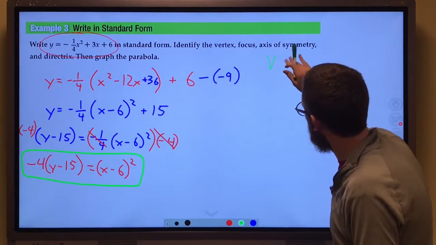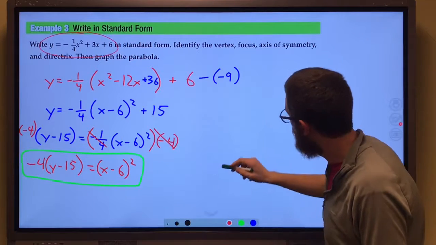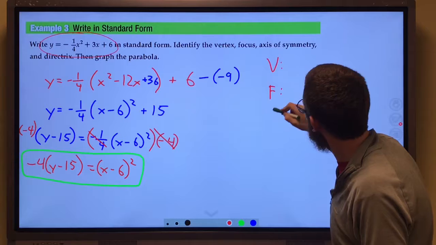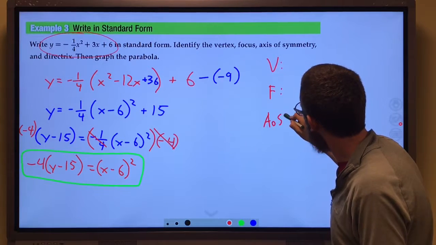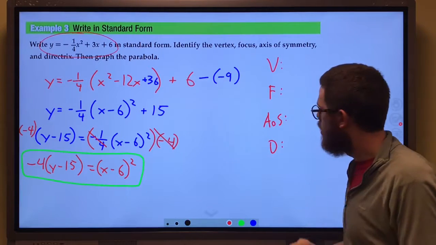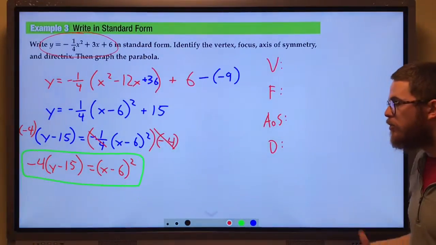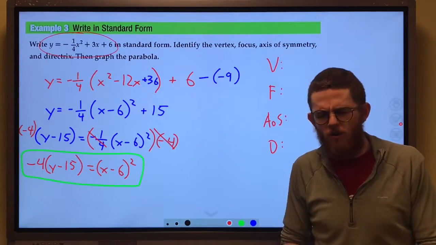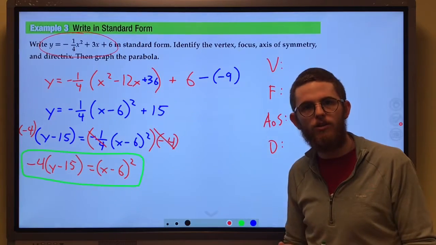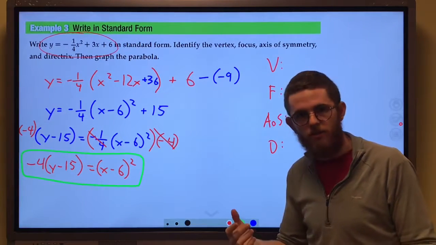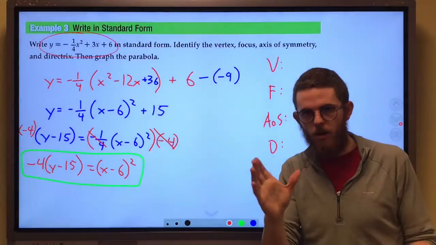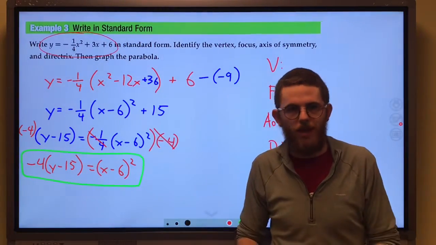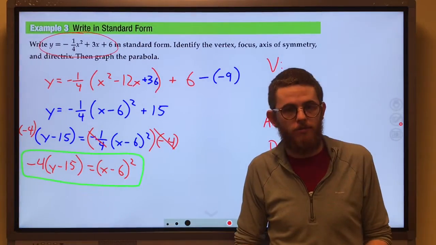We need to identify the vertex, the focus, the axis of symmetry, the directrix. Okay, what's being squared? It's the x that is being squared. So we already know this is going to be a regular quadratic-like parabola.